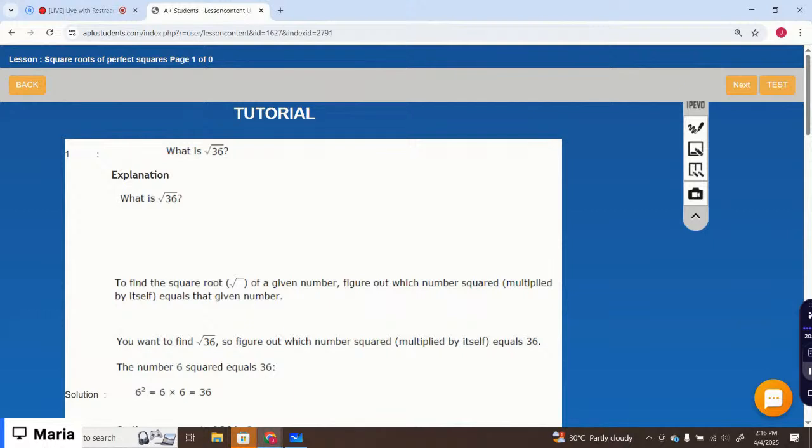To find the square root of a given number, figure out which number squared, multiplied by itself, equals the given number. So you want to find the square root of 36. 6 times 6 equals 36. So 6 multiplied by itself equals 36.